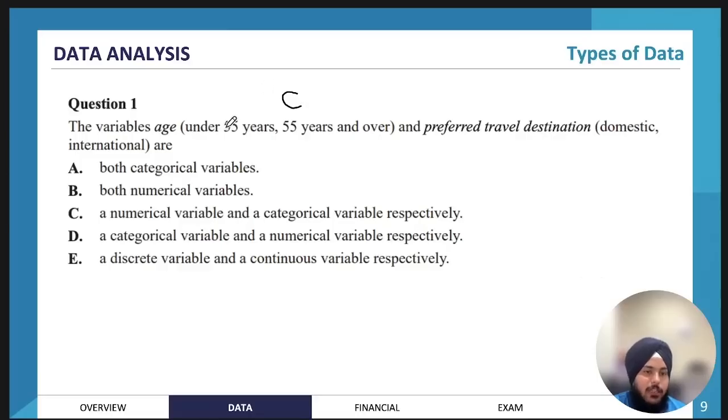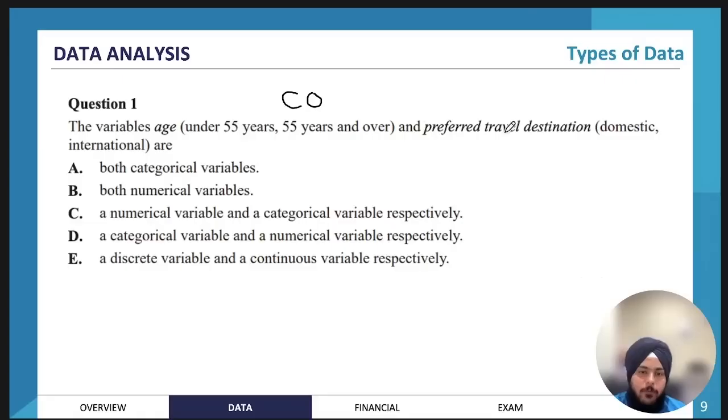Now, if we look at whether it's nominal or ordinal, being under 55 years or younger, and then being 55 years or over, there is a natural order. If you're under 55, you're going to be younger than someone who's 55 years and over. So there's a particular natural order, therefore it would be an ordinal variable.